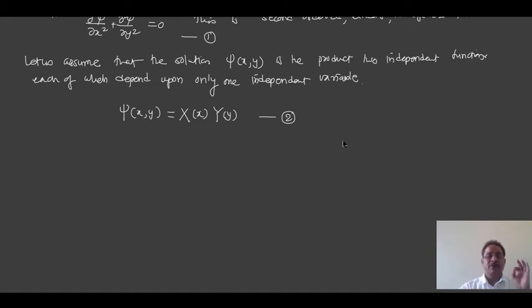So, first step: once the differential equation is given, we first assume that the solution of that differential equation is a product of two independent functions, X of x and Y of y, or in further cases we are going to write this in different terminologies. Here capital X is a function of x only and capital Y is a function of small y only.